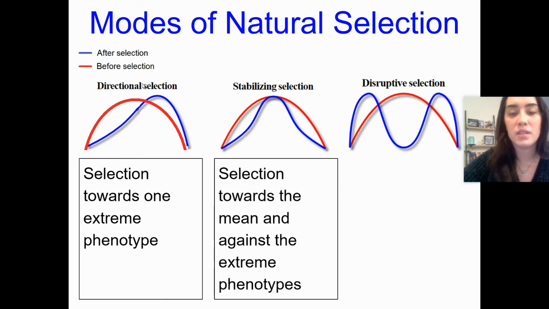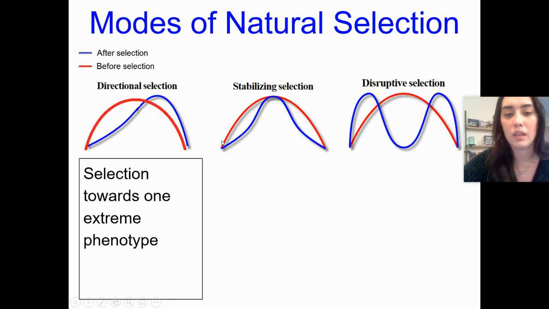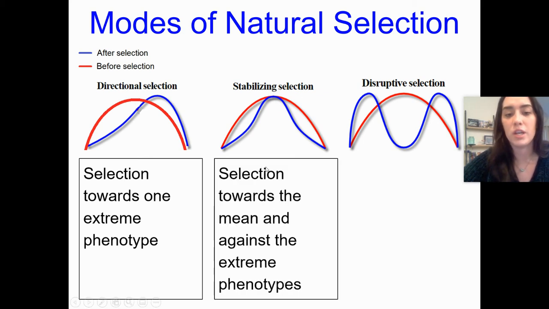The next one is stabilizing selection, and before I give you the definition, if you know anything about statistics, this normal curve right here would be the mean. So it's avoiding both extremes for whatever the phenotype is. For stabilizing selection, there's a selection towards the mean and against the extreme phenotypes. Whatever the middle ground is for that phenotype, that is what the population is selecting for.